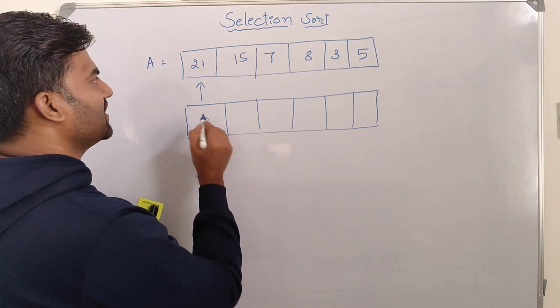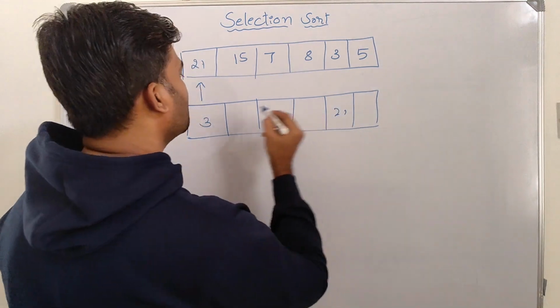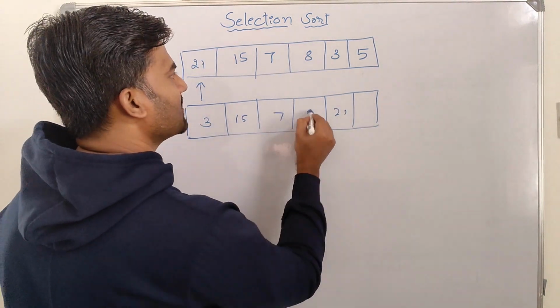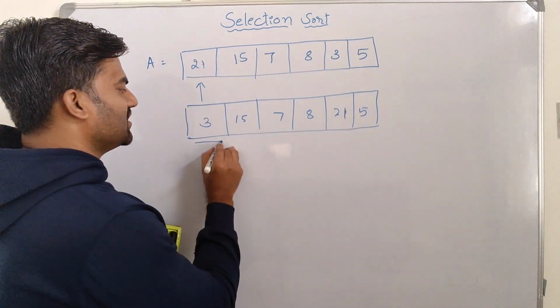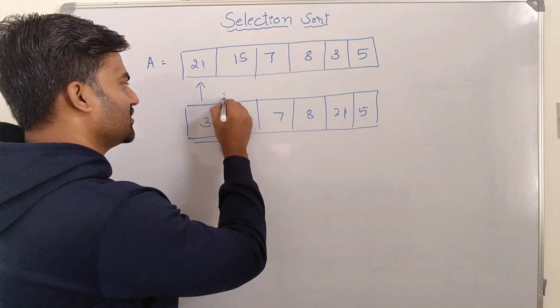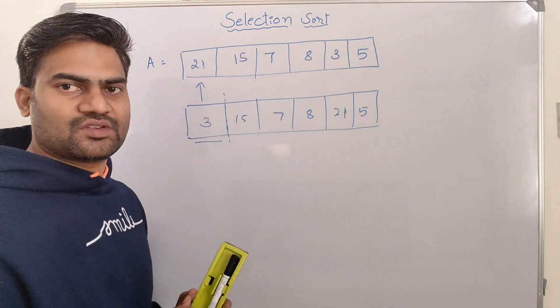I will keep 3 here, then 21, and the remaining numbers as they are. Now this position is sorted.